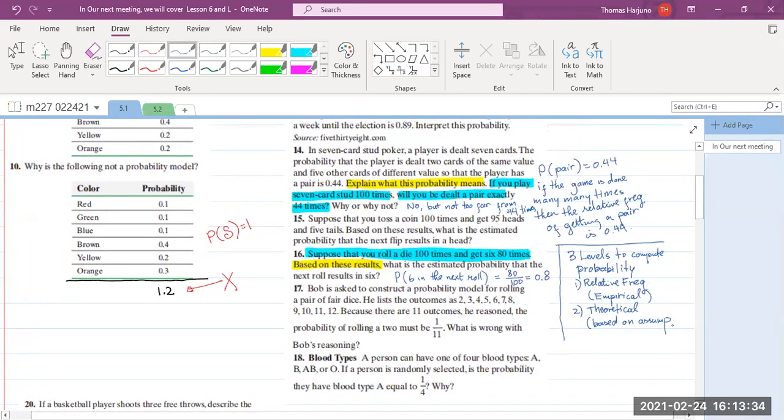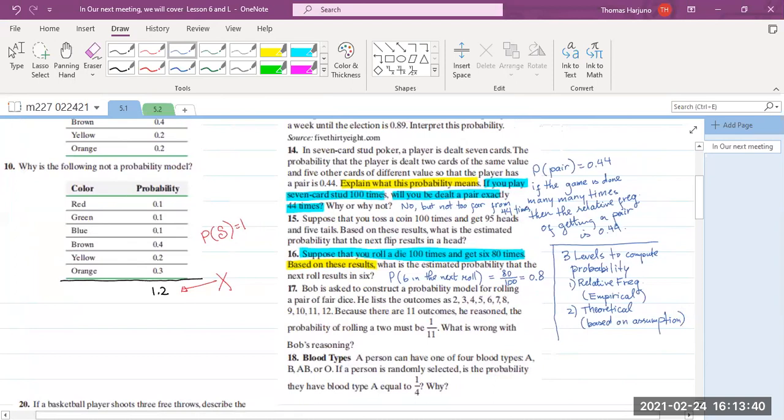If we don't have an empirical result from an experiment, then the next step is we try to make assumptions and predict and compute the probability.